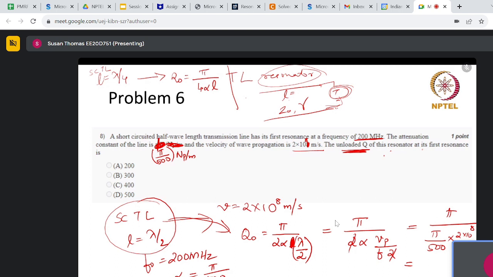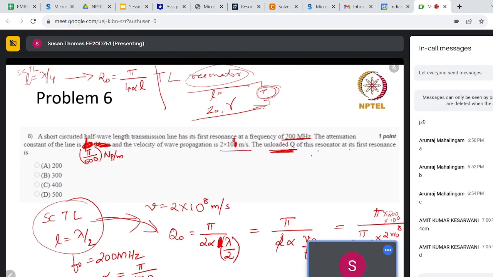I think yes. Lambda. Okay, I missed frequency F. So F will be here, 200 into 10 power 6. So the final answer will be 500. Yes, right answer. So it is 500.